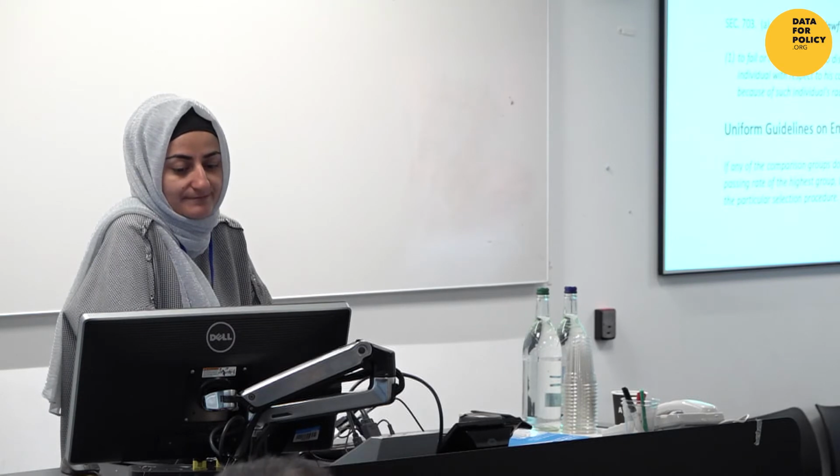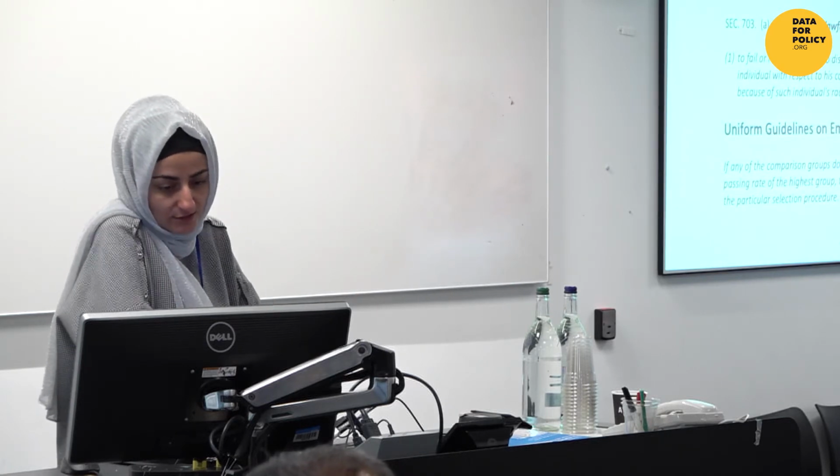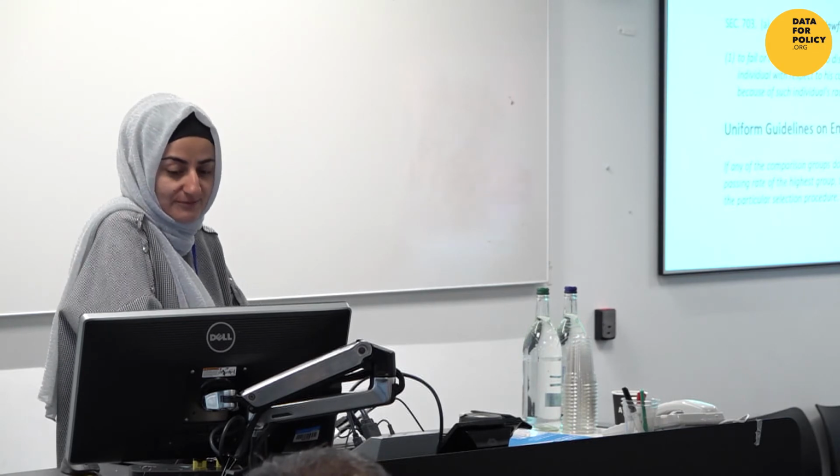In the U.S. case, the Civil Rights Act of 1964 states that it shall be an unlawful employment practice for an employer to fail or refuse to hire or to discharge any individual, or otherwise to discriminate against any individual with respect to his compensation, terms, conditions, or privileges of employment because of such individual's race, color, religion, sex, or national origin. Okay, a little bit clearer than the previous slide.